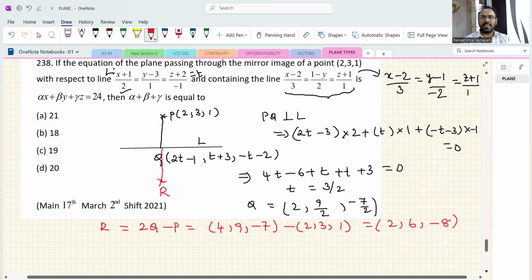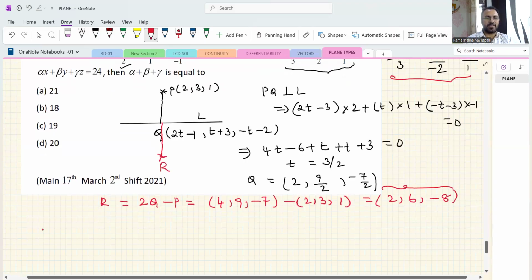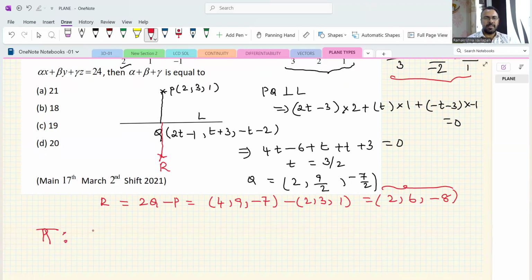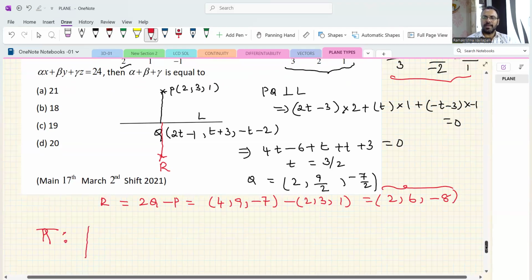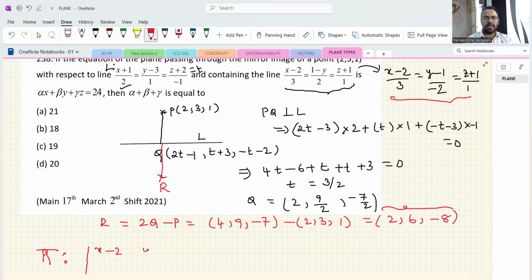Now, what is the equation of plane containing this line and also passes through this point? We'll write the plane equation now. We use the determinant. Here you see that plane contains this line that I'll write as it is: x minus 2, y minus 1, z plus 1.